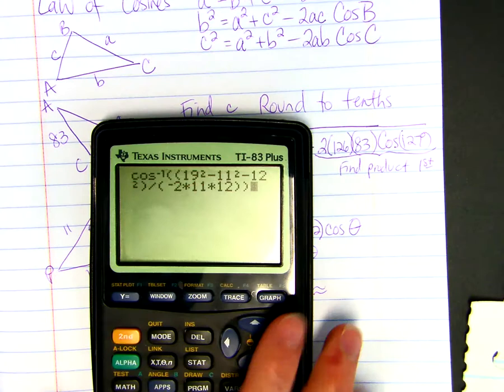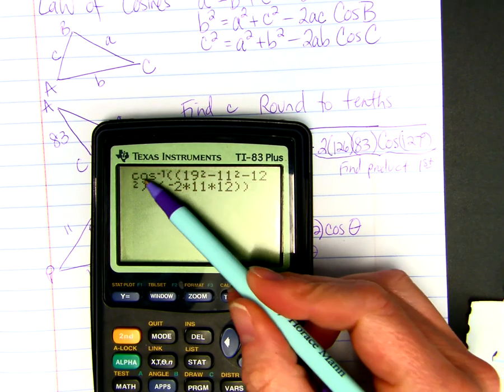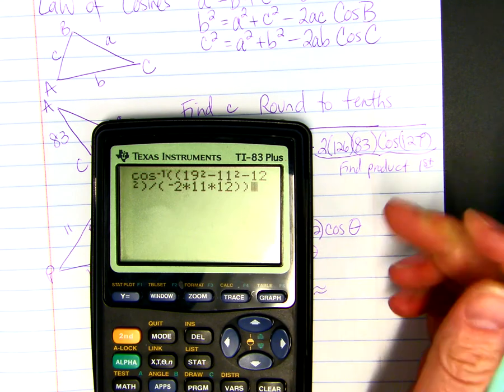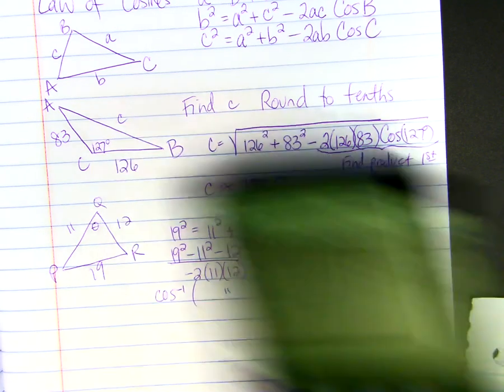So I have a whole bunch of parentheses here. Cos inverse, here's the numerator divided by the denominator. So it's approximately 111 degrees, 0.3.